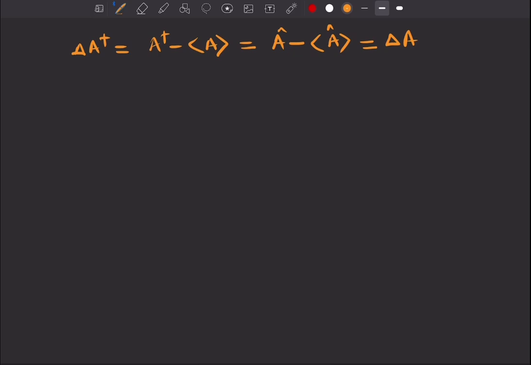Similarly, we can prove that delta B dagger is equal to delta B.